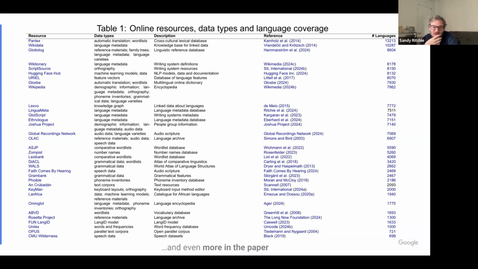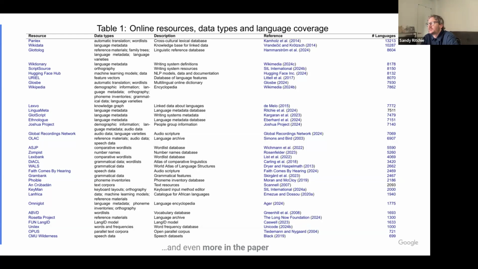something like the Global Recordings Network. This is a website which contains not Bible readings, but short versions of things like the story of Jesus, biblical stories, and it has those stories read out, so recordings of native speakers reading those stories, and they include over 7,000 languages.